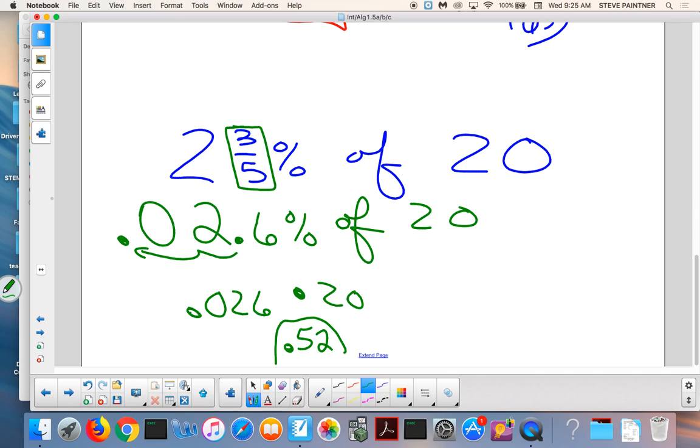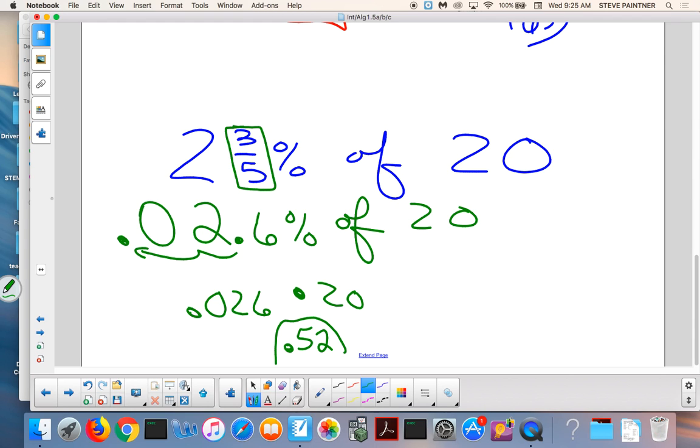Right? You know, 100% of 20 is 20. 50% of 20 is what? 10. You only want a little bigger than 2%. You don't want much. Well, that's not much. That's the answer.